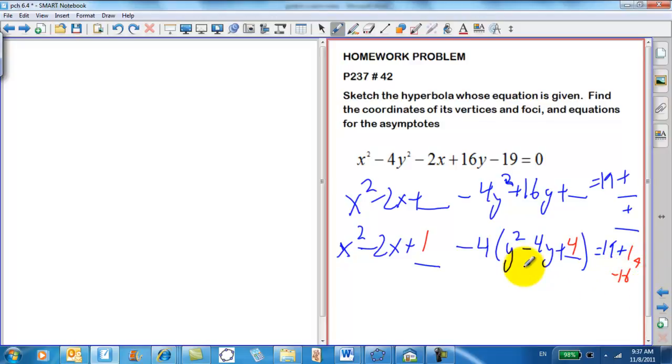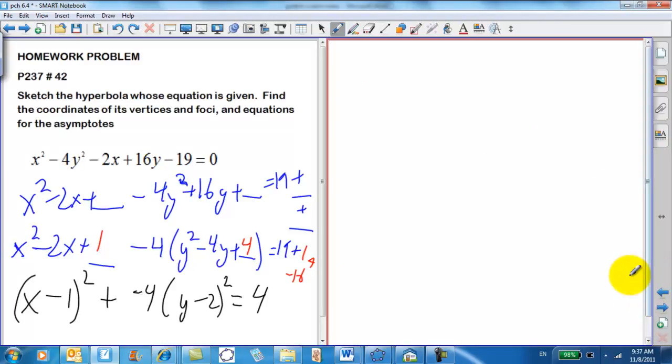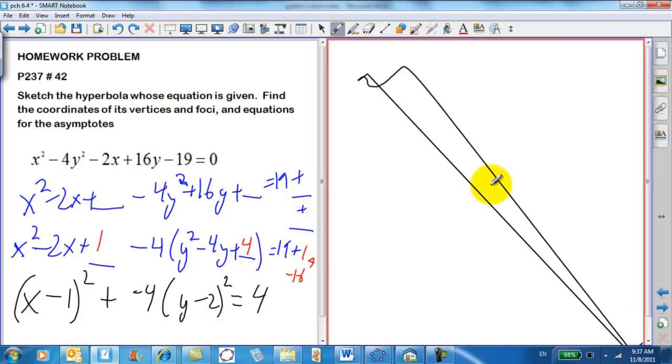So we end up with x minus 1 squared plus negative 4 times y minus 2 squared equals 4.